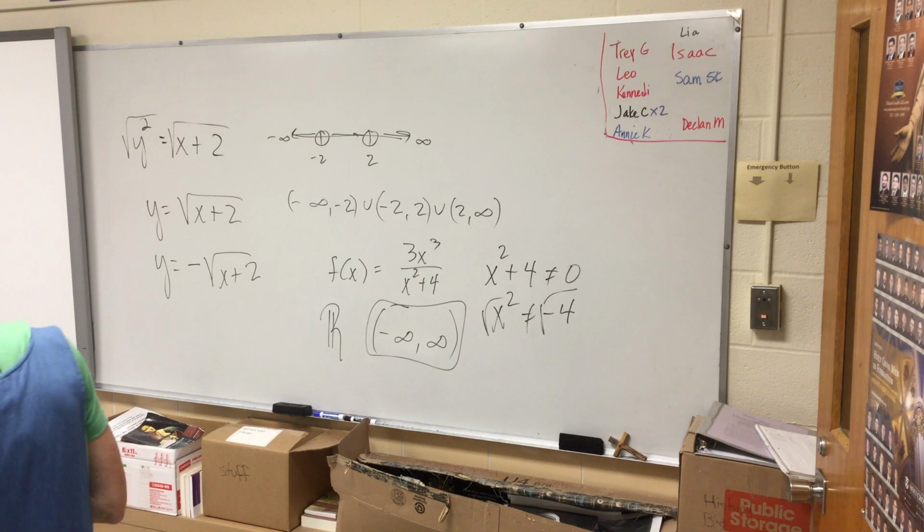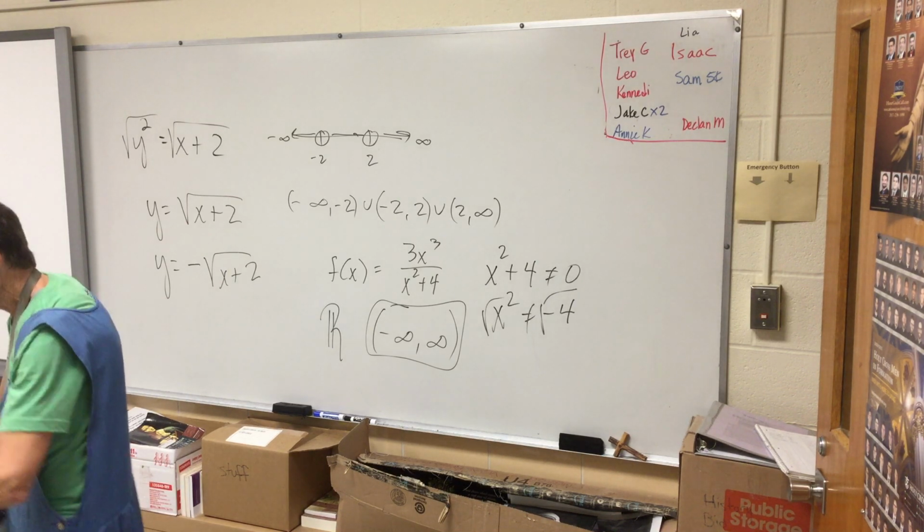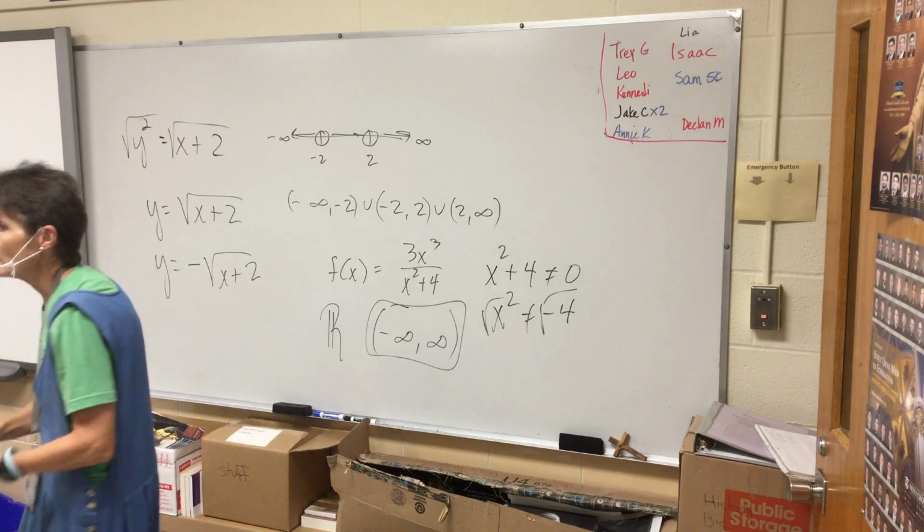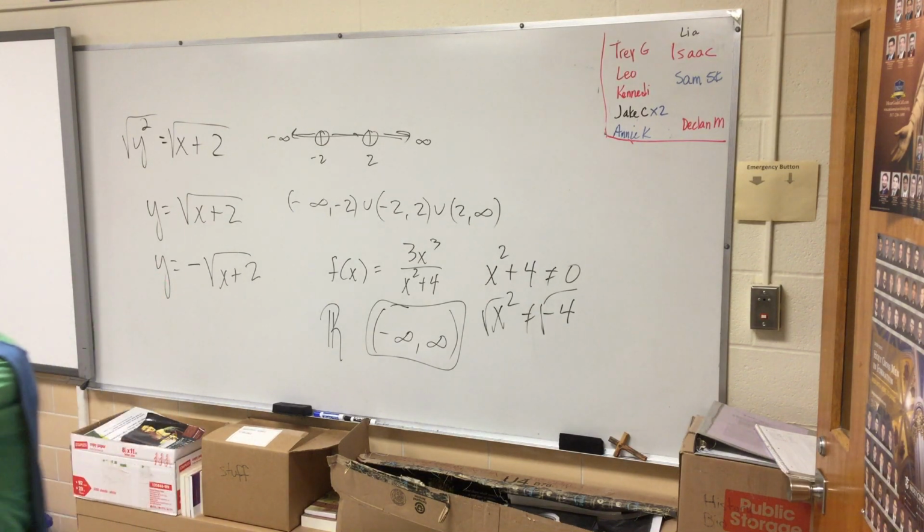Okay, easy enough. Identify the type of discontinuity. Review. A couple days ago, we talked about types of discontinuity. Anybody remember any of them? Continuity, being continuous, means you can draw it without lifting your pencil. So what kinds of things make us lift our pencil? We have holes, right?